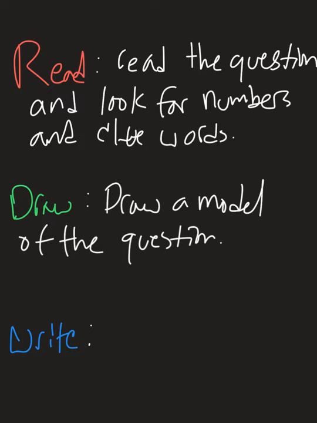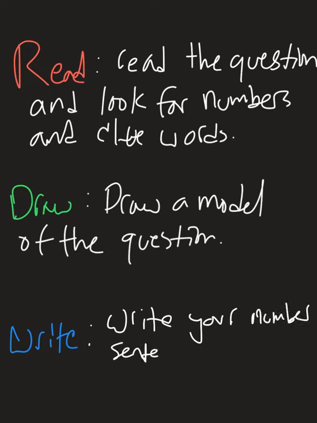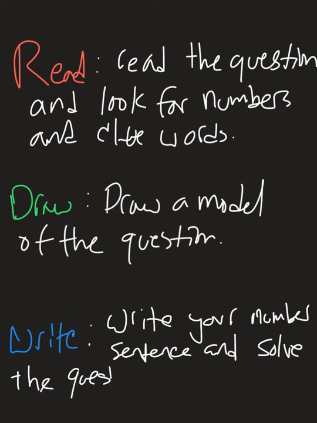Or with the gummy worms, I drew how many Cam had altogether, and then I crossed off the ones that he ate. And then lastly, you're going to write your number sentence and solve the question.